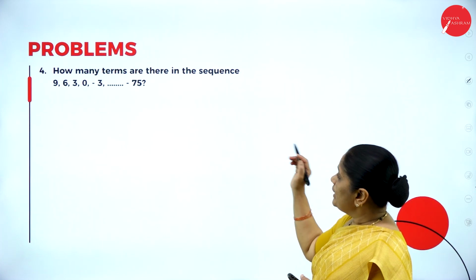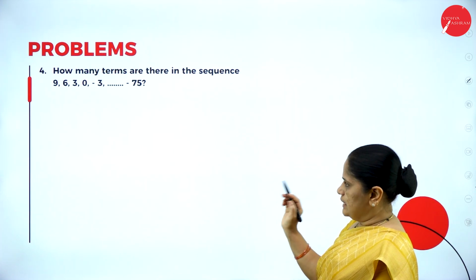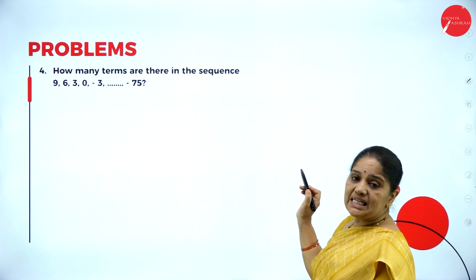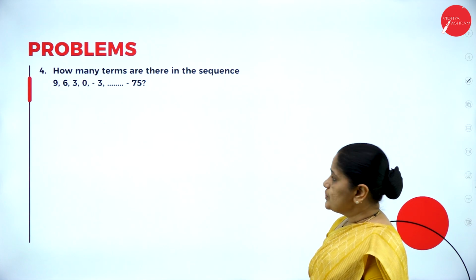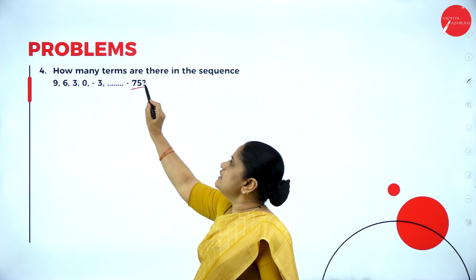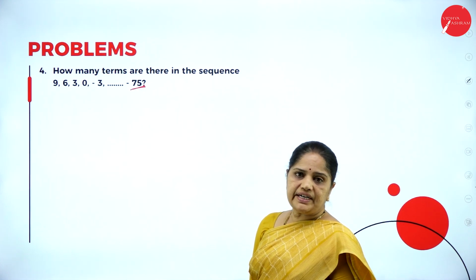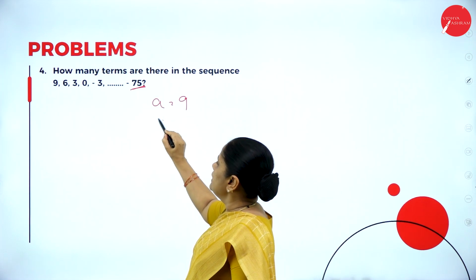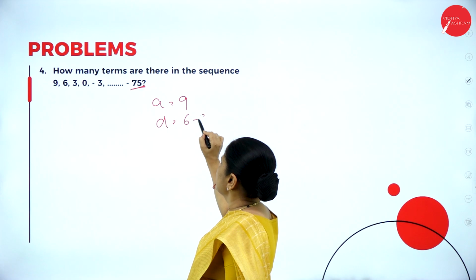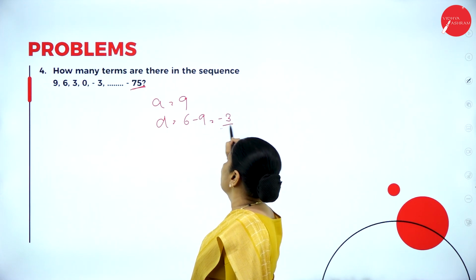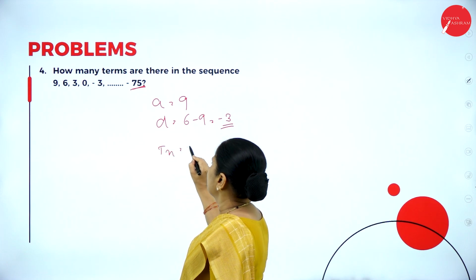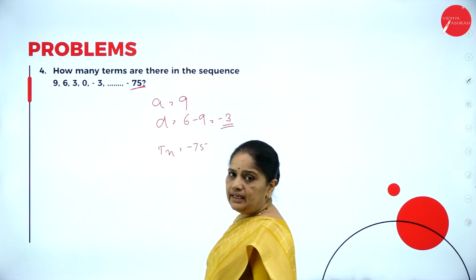Next one. How many terms are there in the sequence 9, 6, 3, 0, minus 3, ... minus 75? So we have to find the nth value of this minus 75. So we write A equals 9, D equals 6 minus 9, that is minus 3. Now Tn equals minus 75.